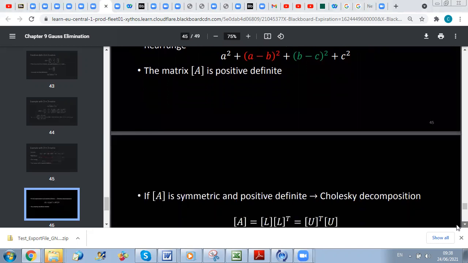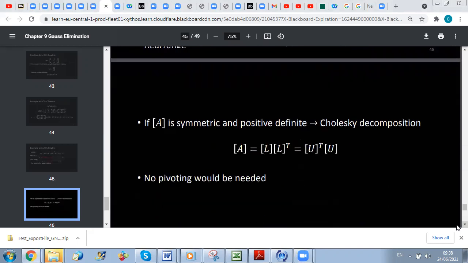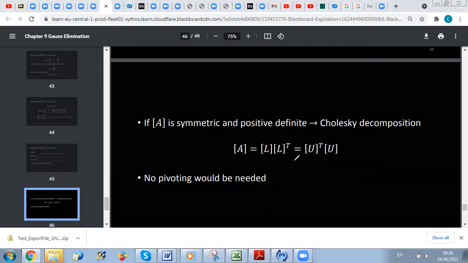So now once we can make sure that the matrix given is symmetric and positive definite, then Cholesky decomposition tells us that we can write it in the form of U transpose times U, and we don't need to do any pivoting.